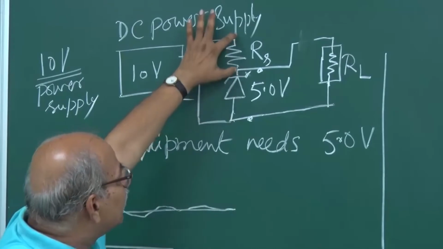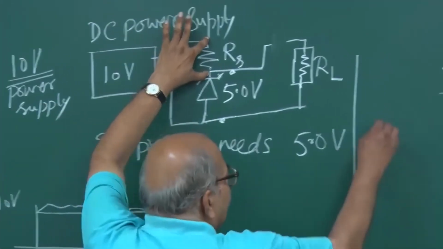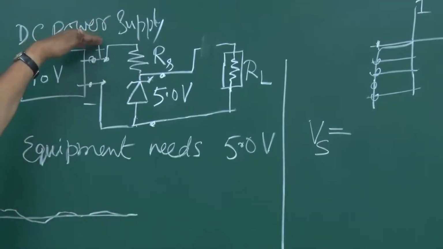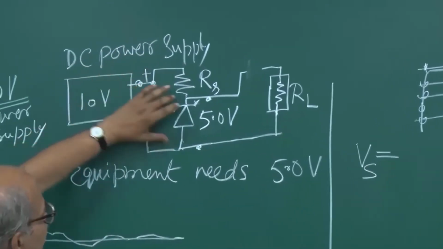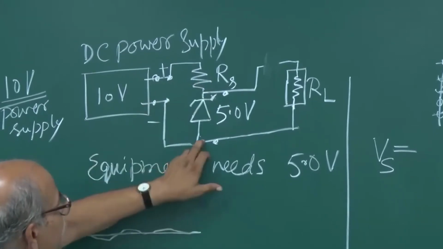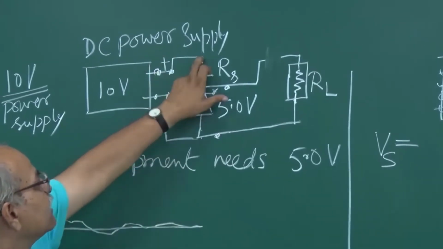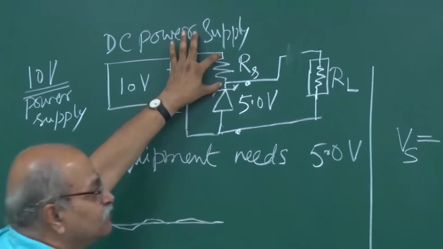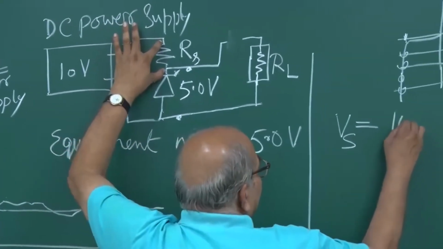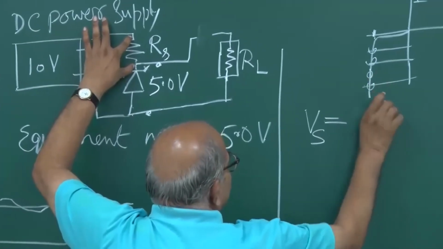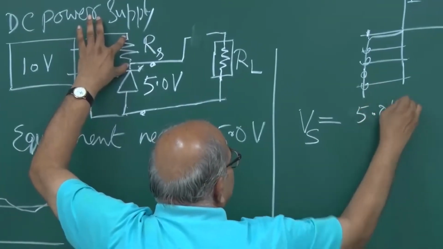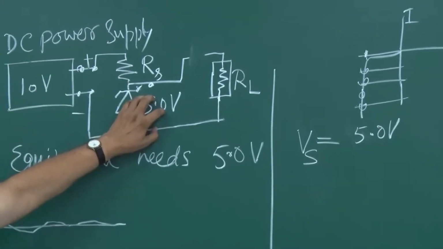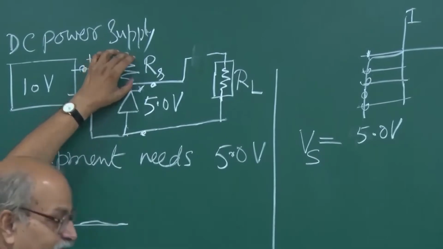So what is the voltage on RS? The voltage on RS, let me write it Vs. If I take this as 0, this will be 5 volt, and this is 10 volt. So the drop is 5 volt on this RS also. So Vs is 10 volts minus this 5.0 volt, that is 5. Let me write it 5.